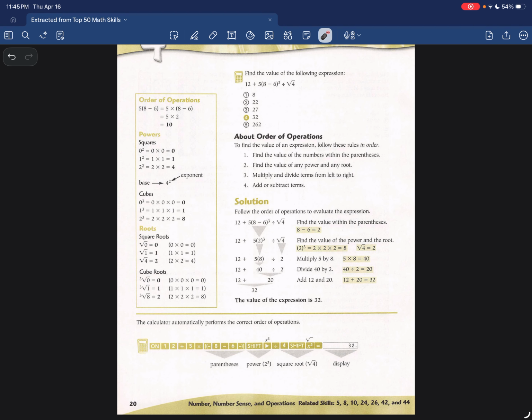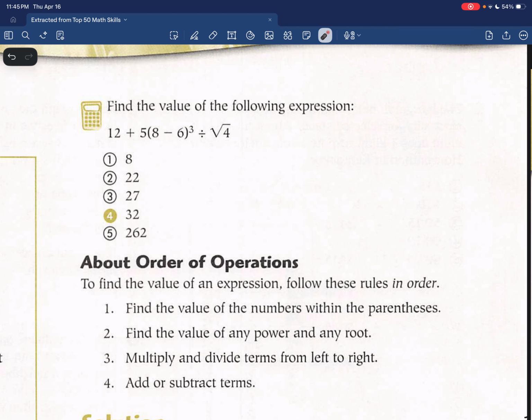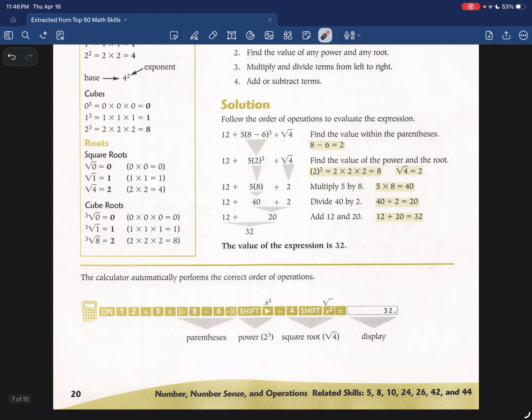Okay, the first example here is saying to find the value of the following expression. And I find this very unusual because they give me a calculator. So if you have the calculator, use it. And at the bottom of this page, it shows you how to type in the calculator.